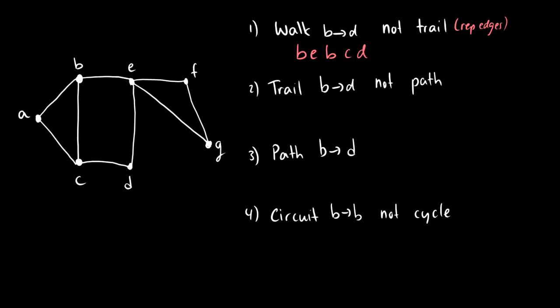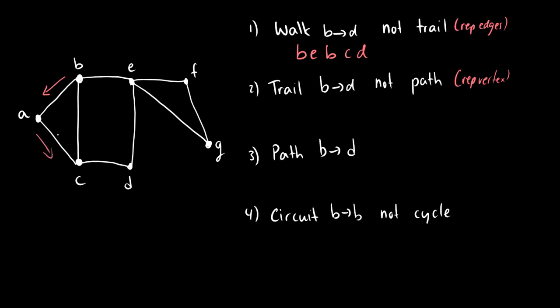Now let's go from B to D with a trail. So we can't repeat edges, but it can't be a path. So a path repeats no vertices, but because it's not a path, we need to repeat a vertex. So we start at B. Let's go to A. So it has to be a trail, remember.